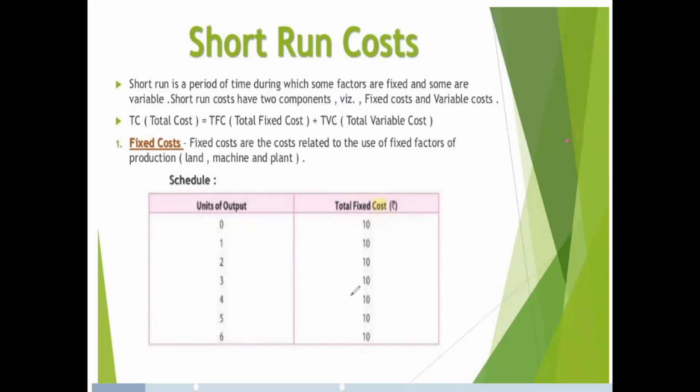Referring to this one, you can understand why the total fixed costs remain constant. Even though the units of output increase, the total fixed cost remains constant and takes the same value, because in the short run we cannot change the fixed cost.